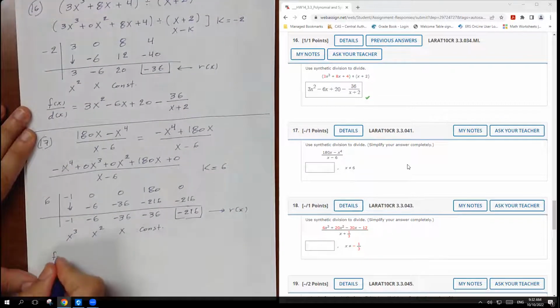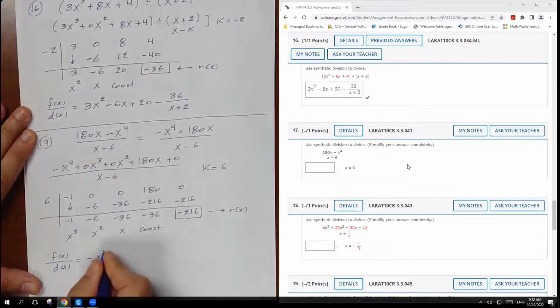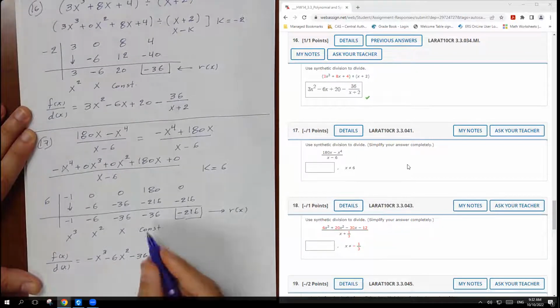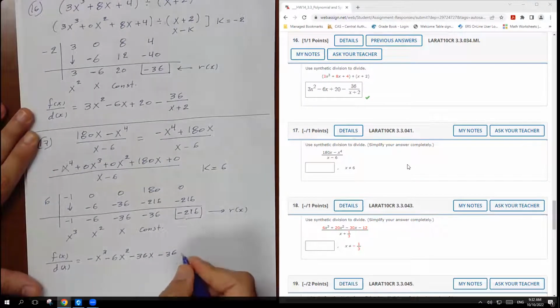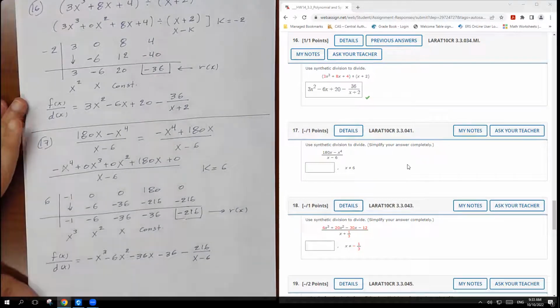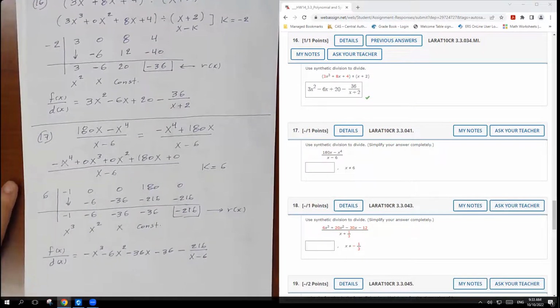So f of x divided by d of x is going to be equal to negative x cubed minus 6x squared minus 36x minus 36 as a constant, minus 216, the remainder, divided by the divisor, which is x minus 6. That's it for this example.